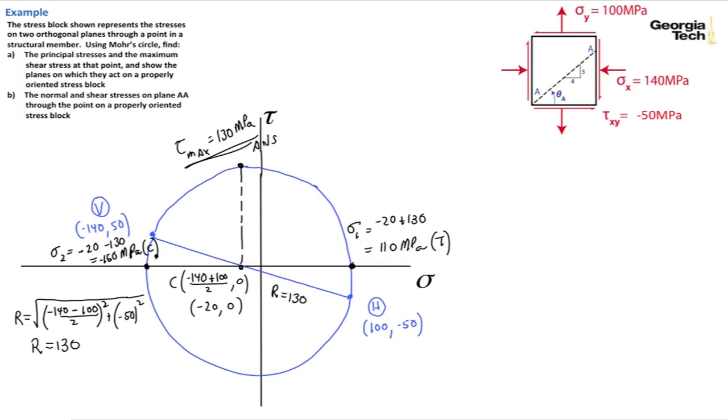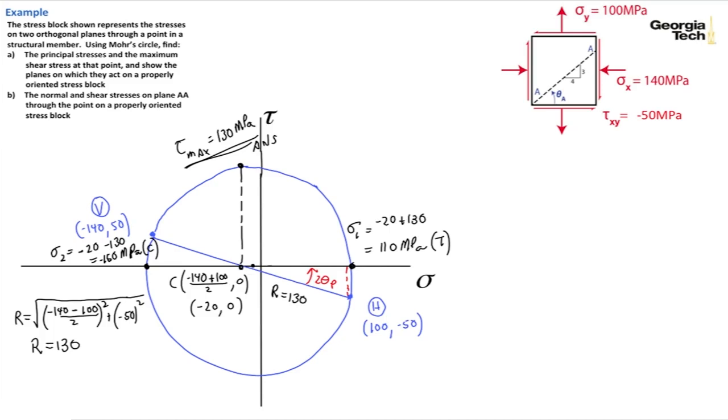Okay, so now let's go ahead and find the angle to those principal stresses. That angle is going to be this angle here on Mohr's circle, which is 2 theta sub p. For this right triangle, the magnitude of the opposite side is 50.